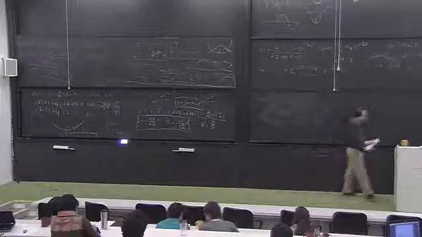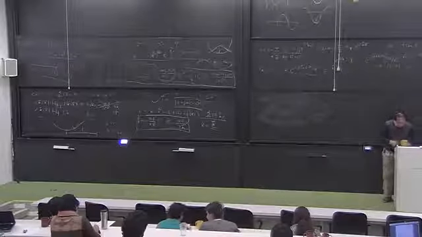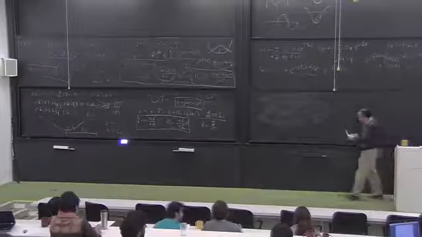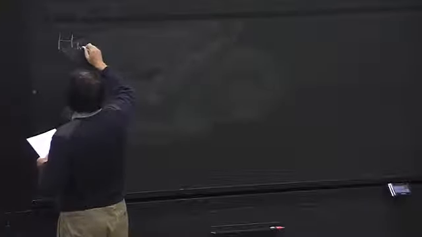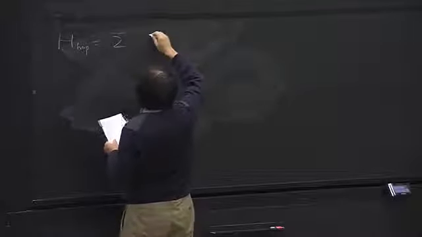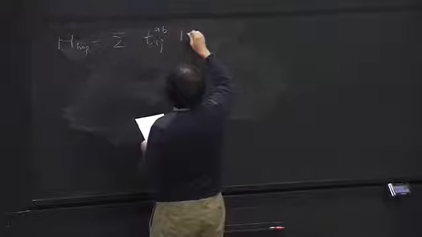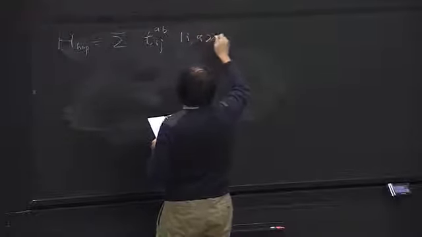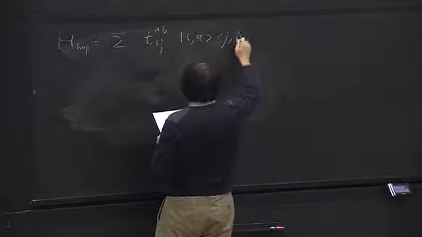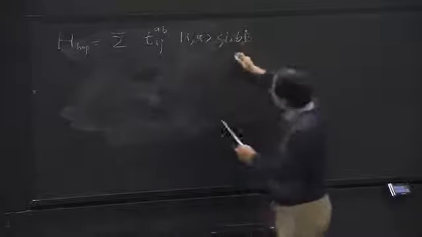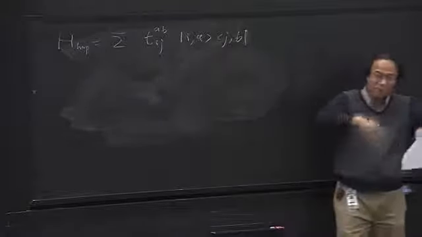So when you have a multi-band, let's just review a little bit. So what do we have? In the multi-band case, the hopping Hamiltonian is just equal to this T_ij^AB, where we use i and A to label a site, and j and B to label a site, because each unit cell may have several sites.